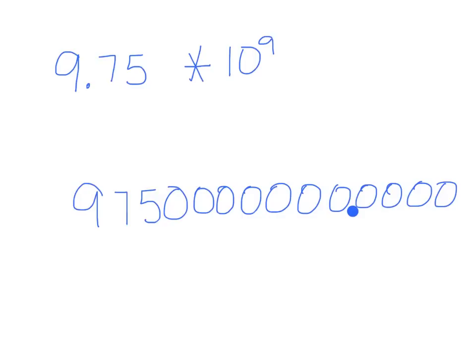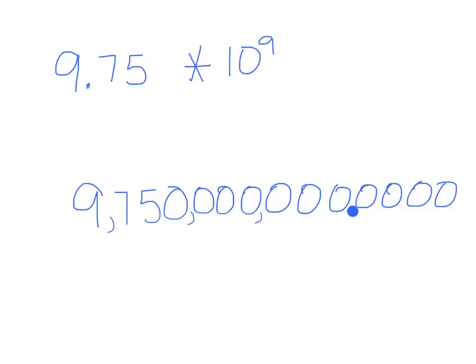Okay, pop some commas in so that I can read this more easily. So this, then, 9.75 times 10 to the 9th is actually 9,750,000,000. Let's take a second and look at this number.